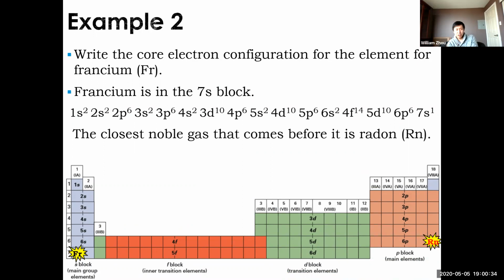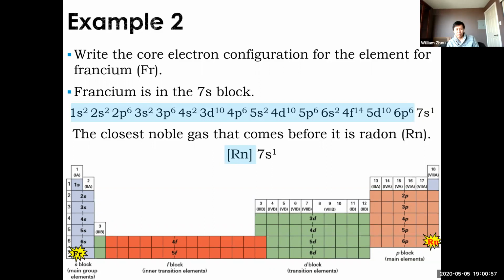So everything I highlighted in blue, that is the electron configuration for radon. You don't have to write that out. All you have to do is write square brackets radon. That's it. That represents all of that nonsense. And followed by 7s1.